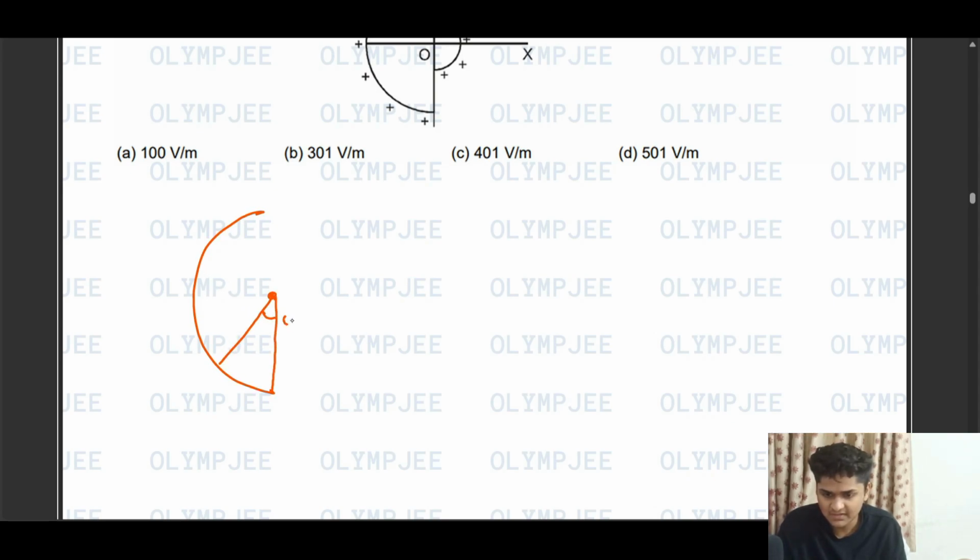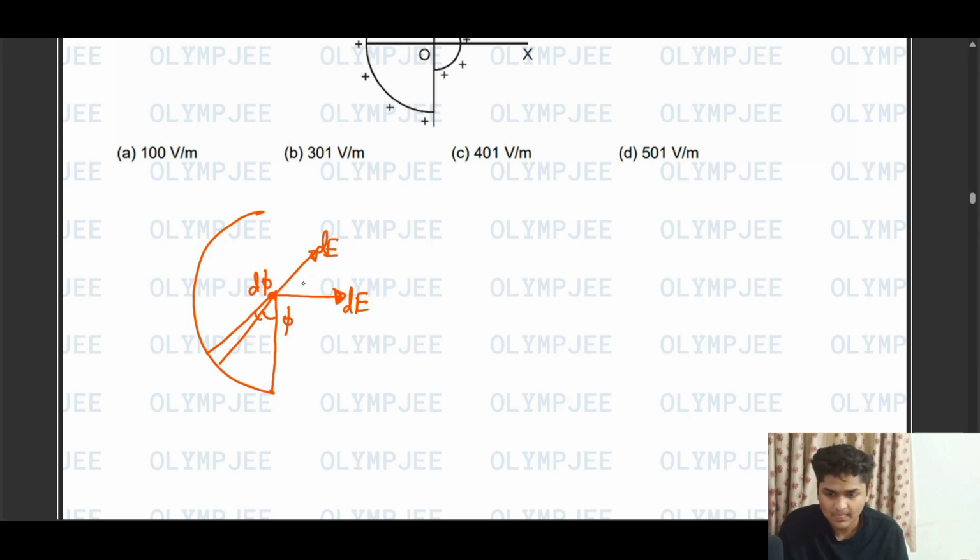If this is phi, then this small section will subtend d phi, and field due to it would be here. And you can see that if we take the opposite section at minus phi from here, it will also subtend in this direction. So y components will get cancelled for the entire semicircle, and there will be field only in the horizontal direction.